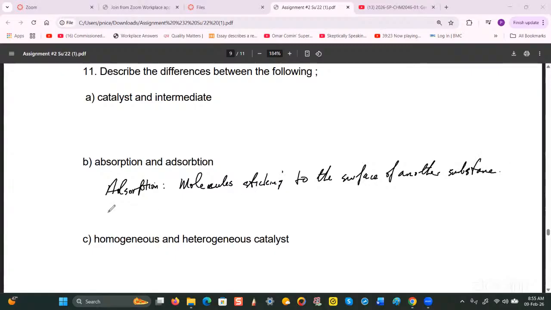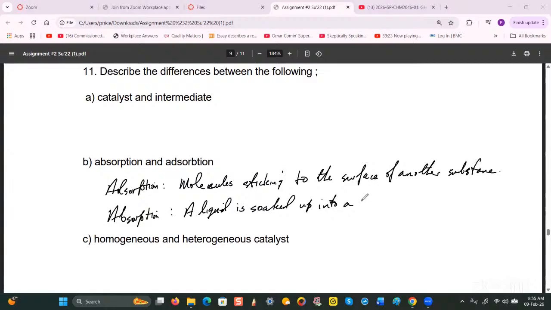So that's adsorption. And then absorption is where we have usually a liquid that is soaked up into a porous substance.